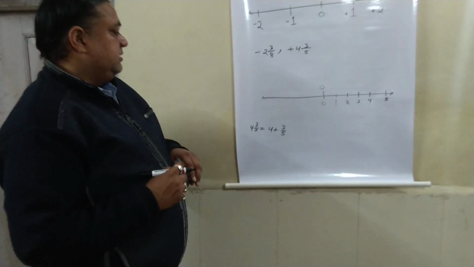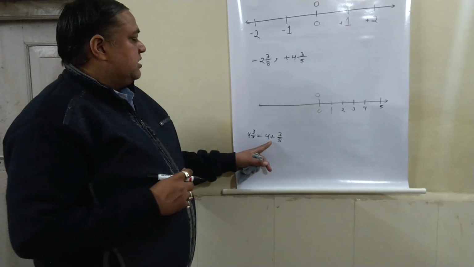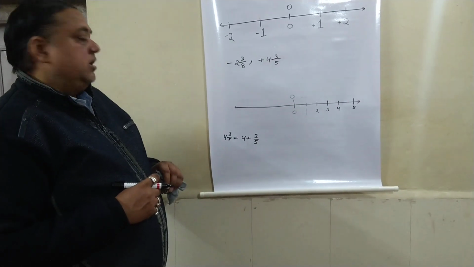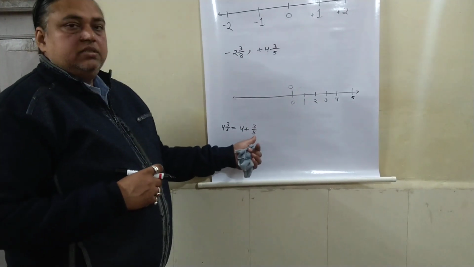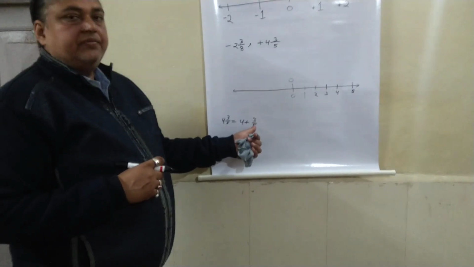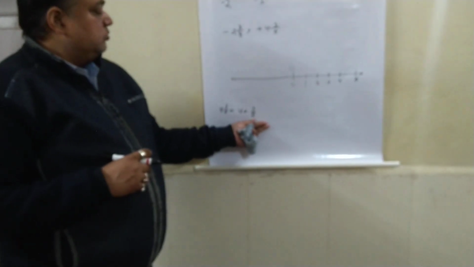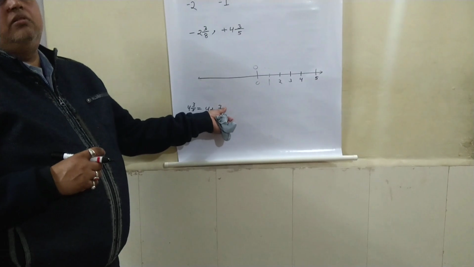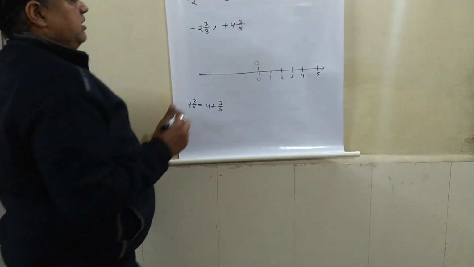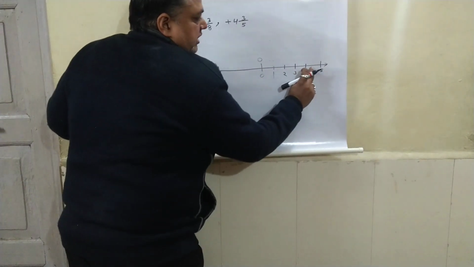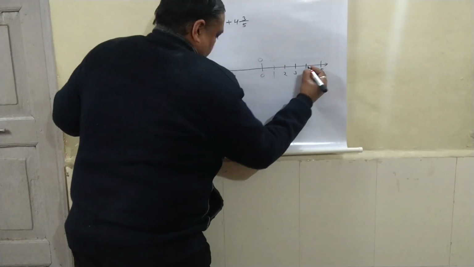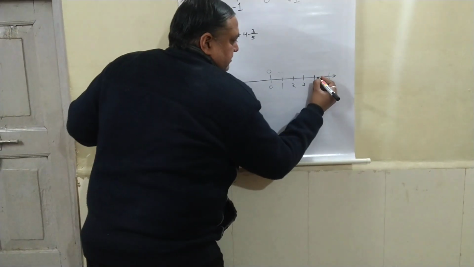It means that this number is between 4 and 5, and the divisions between 4 and 5 should be equal to at least 5, and we have to find out the third part of this division. For this, we have to divide this part 4 and 5 into 5 equal parts.